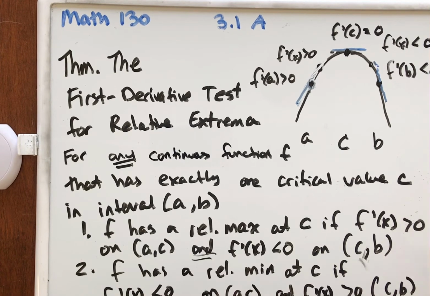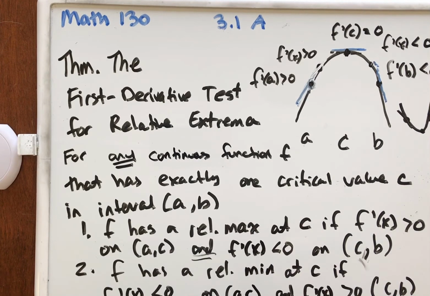So that would be going the other way if we were like this. Then it would be saying this one's less than 0, the slope is, this one's greater than 0, therefore we're going to have a relative min at that point.